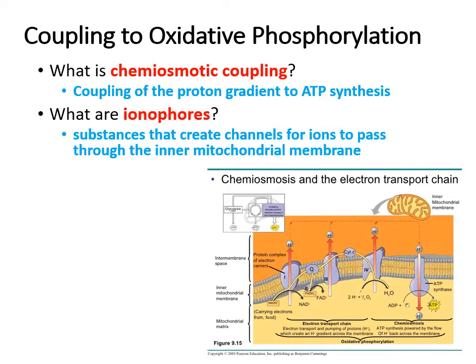And it is basically the main mechanism that we use to describe how energy is made here. Now, what's interesting is that the way that the proton gradient will lead to the production of ATP will depend on ion channels through the mitochondrial membrane.